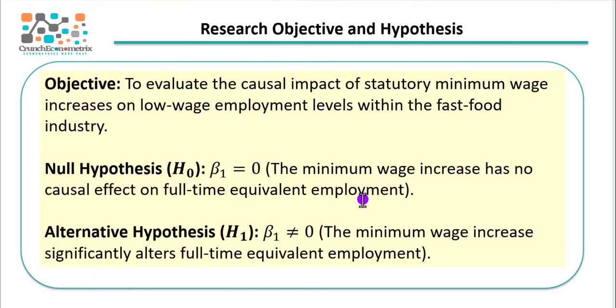The alternative hypothesis in this case will be that the minimum wage increase significantly alters full-time equivalent employment. So if you're having a dissertation or a manuscript similar to this, you can easily just adapt this objective and null hypothesis to your research.